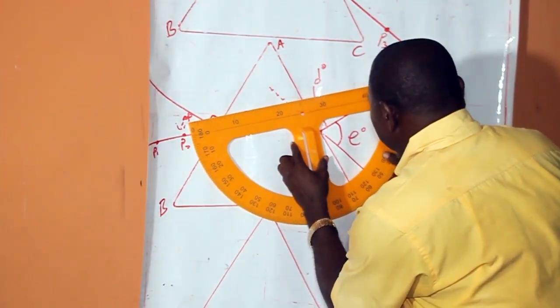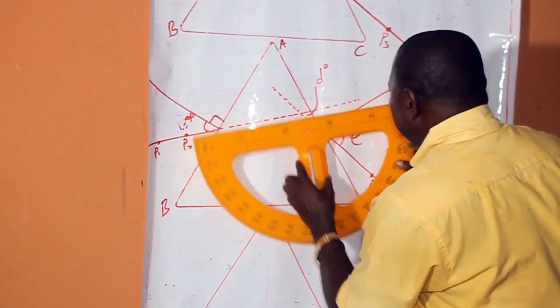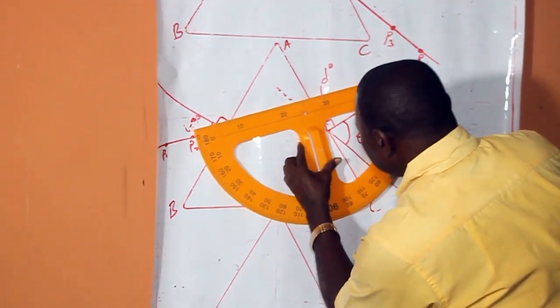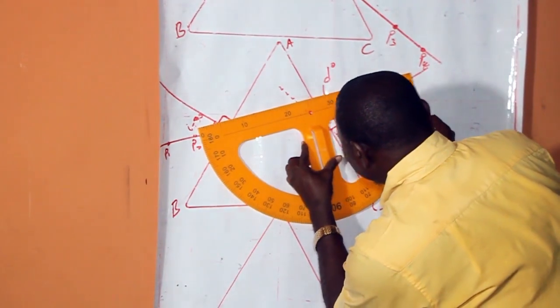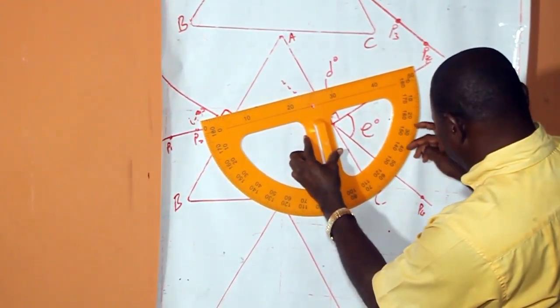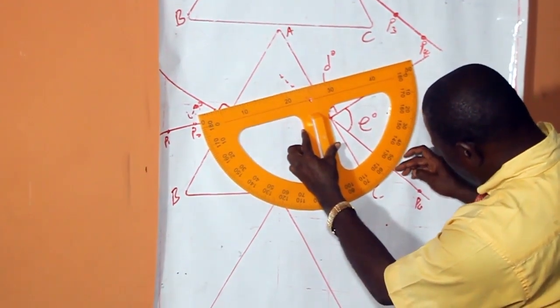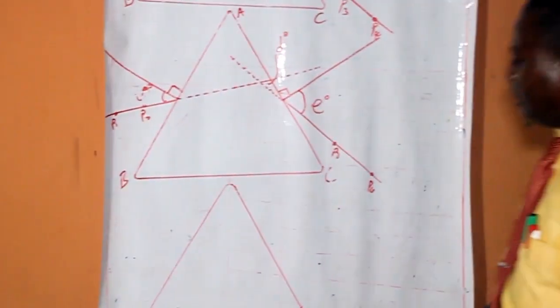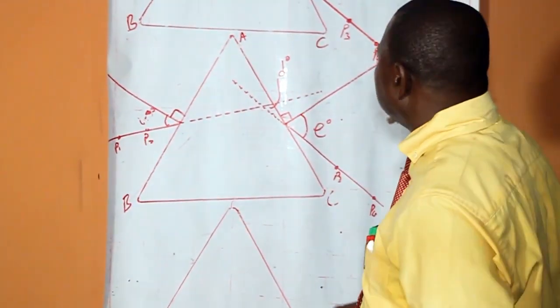So this is the one. So the angle will now be 0, 10, 20, 30, 40, 50, 53. That is the angle of deviation for this one.